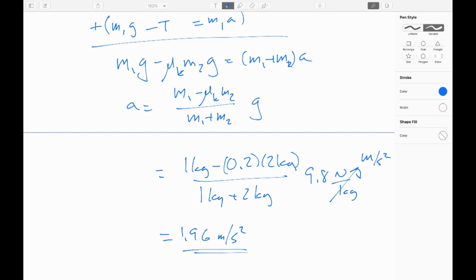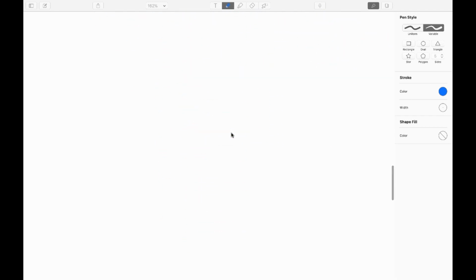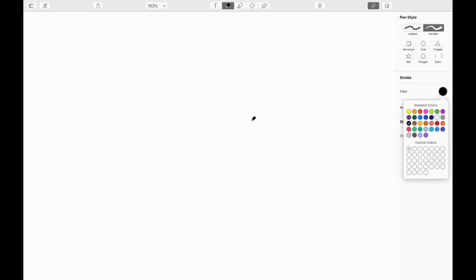And I will close this particular one out by just throwing in a little trick. I didn't really know where else to put this, so I'll just talk for a quick moment about cleverly choosing free bodies.